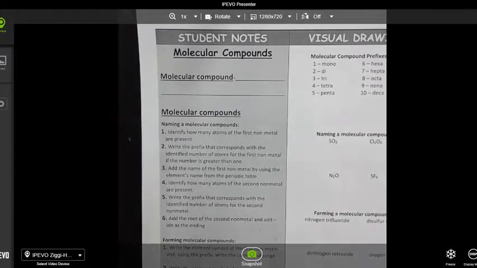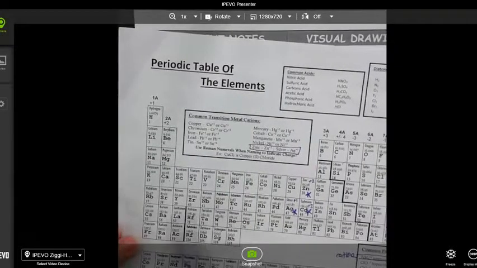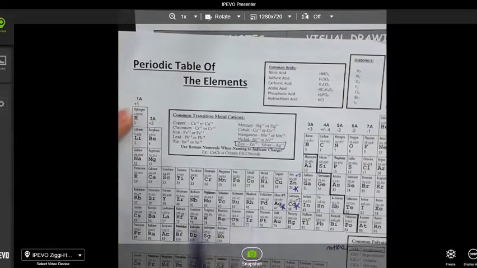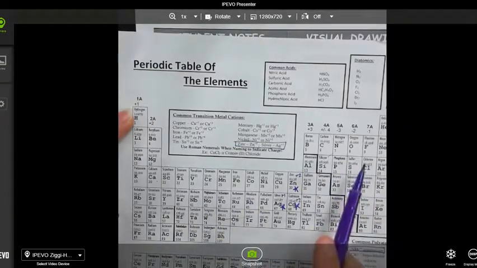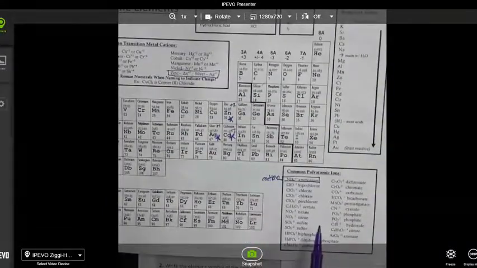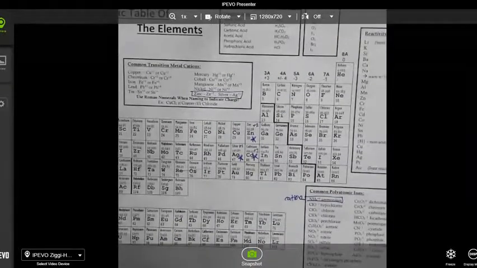Up until this point, we have been dealing with putting metals and nonmetals together. We've been doing transition metals and nonmetals, and metals in general with polyatomics. So it's always been a positive and a negative, a cation and an anion.